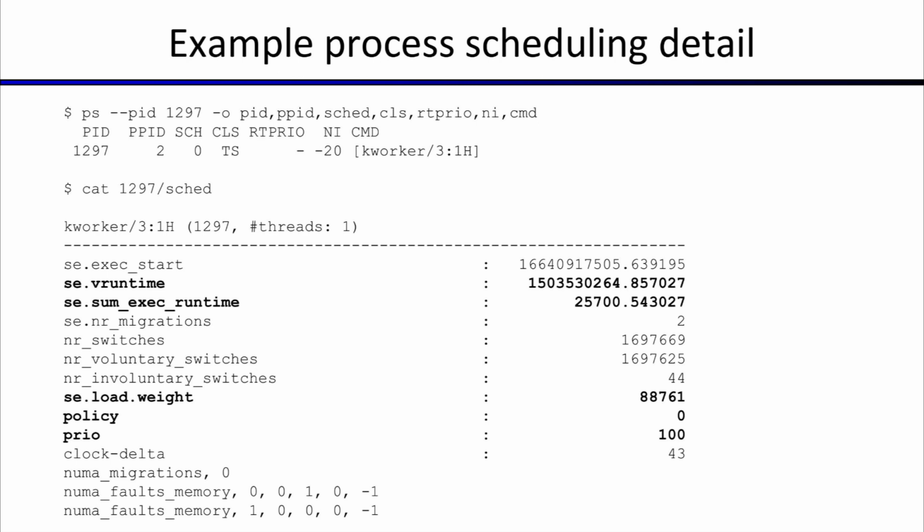The interesting thing that I found was the whole relationship between the sum exec runtime and the vruntime. One thing to note is that processes, when they migrate between CPUs, are supposed to be balanced. You don't want a case where you came from one CPU with a certain value of vruntime, you are a new process and therefore your vruntime happens to be low, and you just grab the CPU, while an old process that's been running there for a long time has a higher vruntime, and new processes will that way always get the CPU.